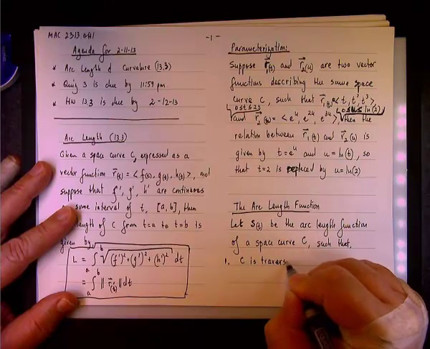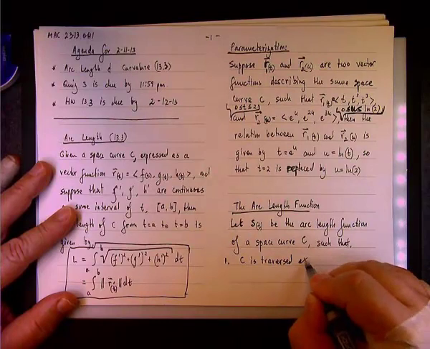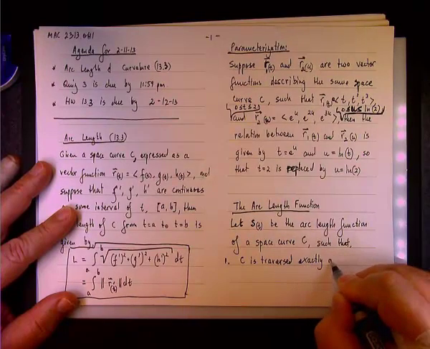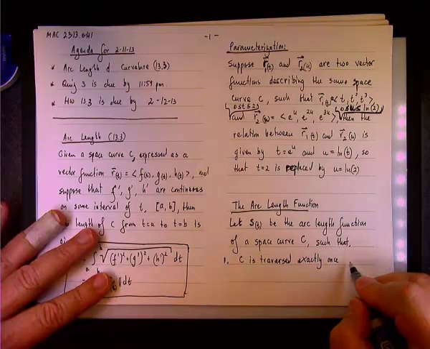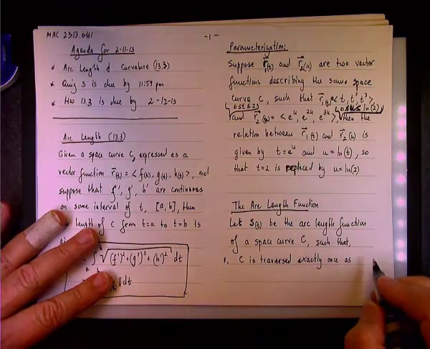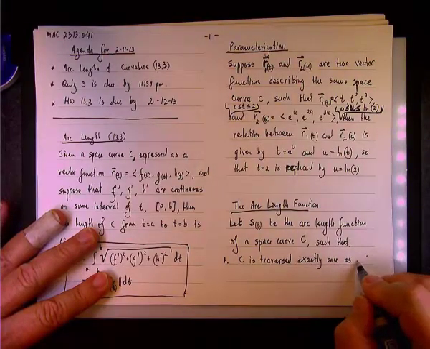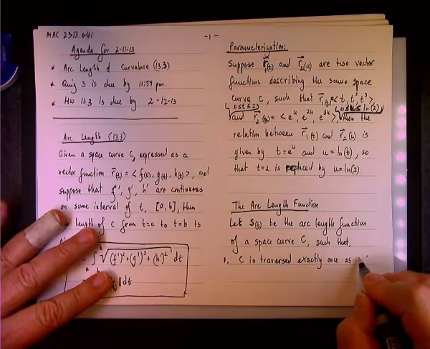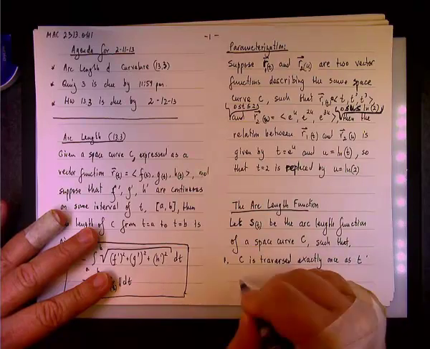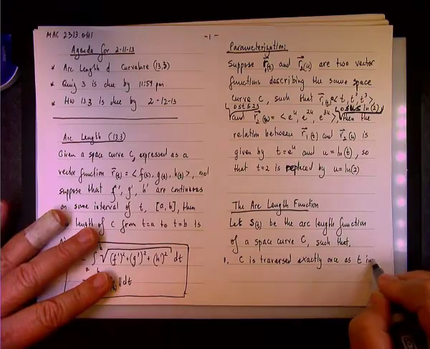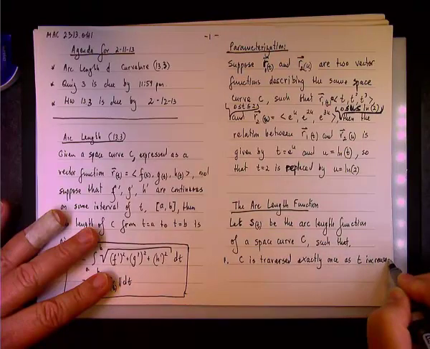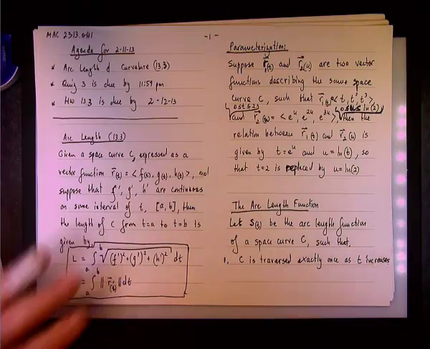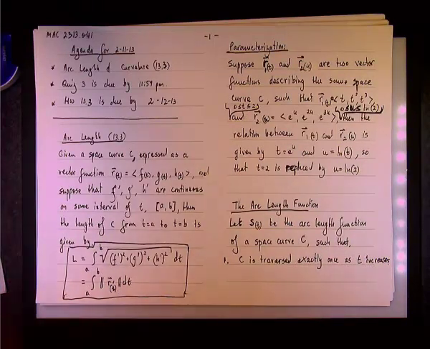One, C is traversed exactly once as t increases, going from, let's say, A to B. In other words, for instance, you can have a closed curve, say a circle, right?